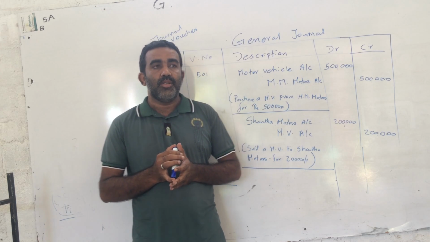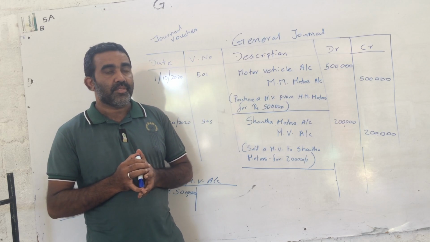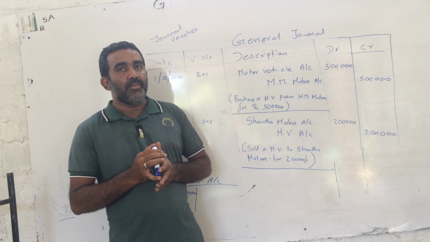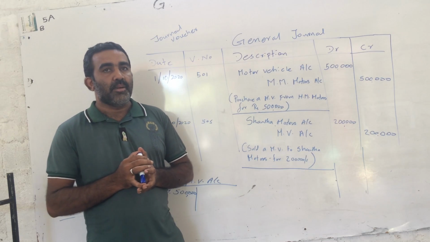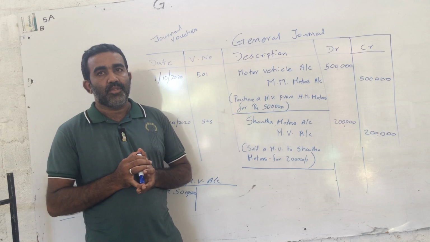Next one, 20th January, Aruna bought a motor vehicle for company use, rupees 300,000.